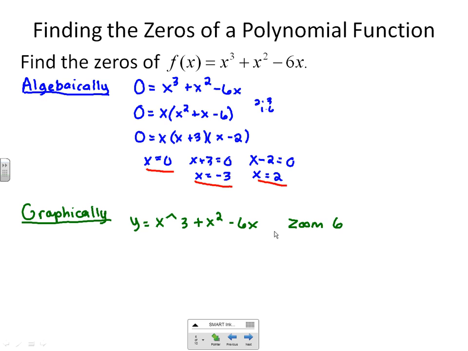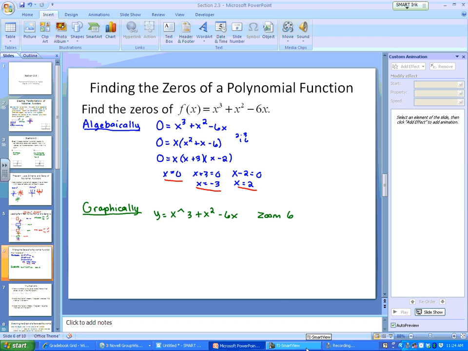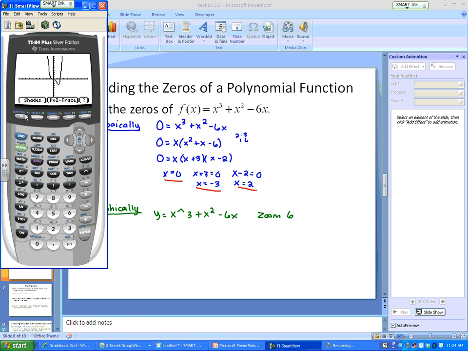So bear with me for a second. I'm going to come over here to my graphing calculator. I'm going to turn off this because we're going to use this one later and I don't really want to have to plug it back in. So I'm graphing in y2 x to the third plus x squared minus 6x.